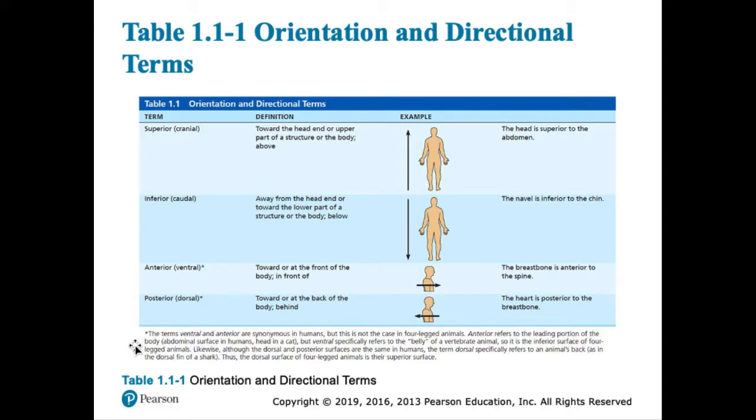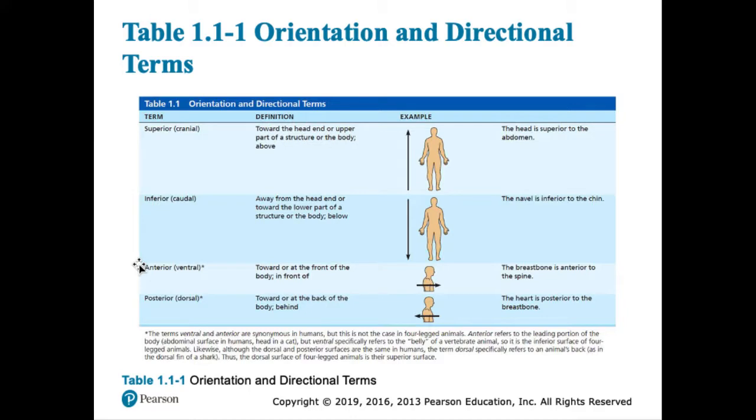So basically, anterior and ventral will be different in animals that have four legs or have a different structure than a bipedal system, right? So here in anatomy and physiology, we're specifically talking about humans. So anterior and ventral are the same, but that's not always the case in other animals. So keep that in mind. But we're only focusing on humans in here, so it doesn't matter.